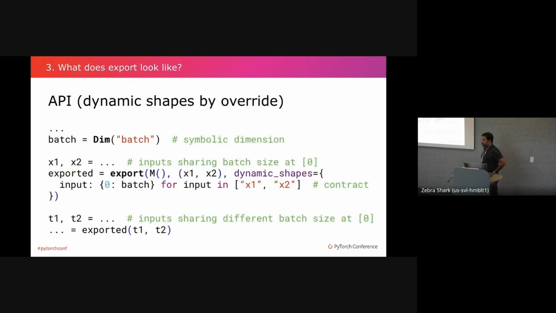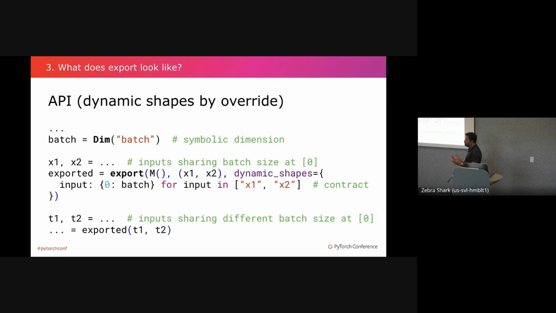All right, if you're not satisfied with just this and you want to generalize your inputs to different shapes, you can use dynamic shapes. For that, we have an API that allows you to create a dimension. A common case is when you have a batch dimension that needs to vary over time. So you create a dimension called batch.